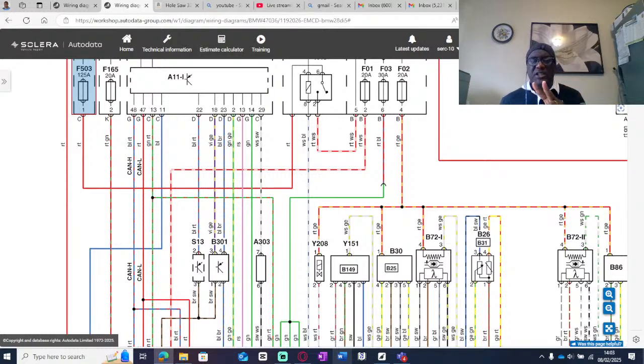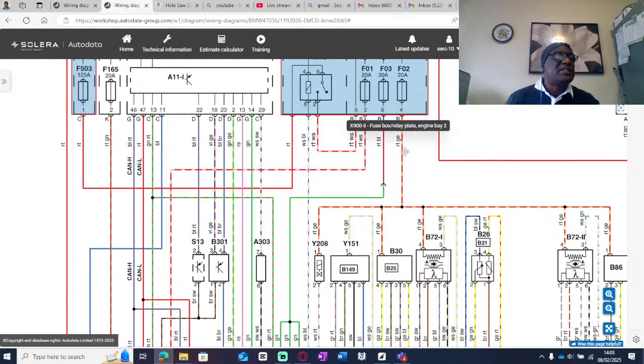You want to check your engine relay and also your starter relay. Those 2 you want to check. If the dash doesn't come on, just go straight for it. Start first with your engine relay, okay? Start with that one and see, is it being powered? Is it being grounded? Okay? I hope that is easy.